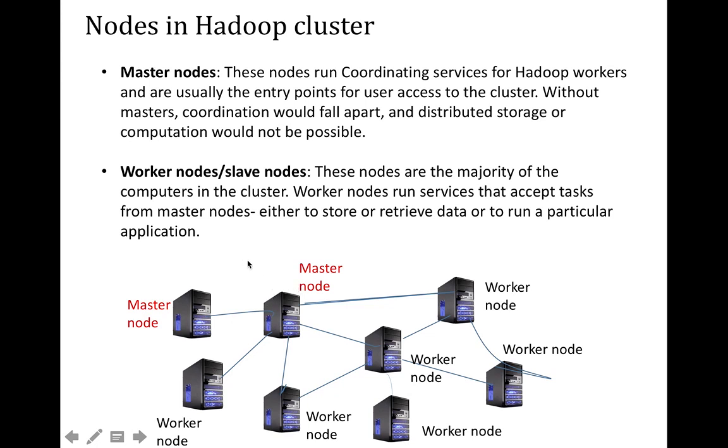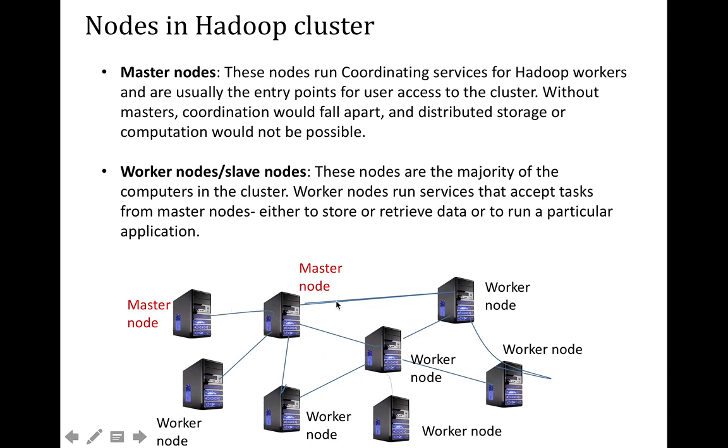For example, if you want to input data to the whole cluster, you generally go through the master node. The master node can be the heart or the brain of your body. They control the other workloads. But generally, it's not just one master node.